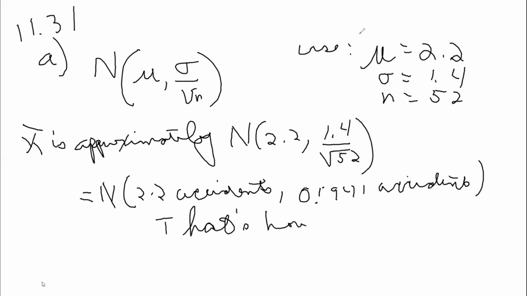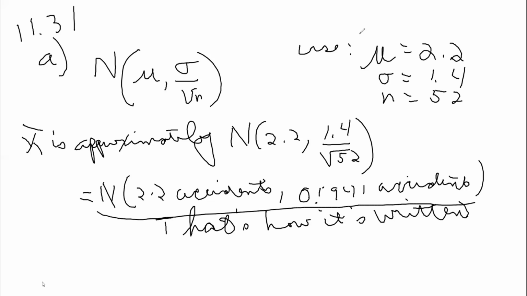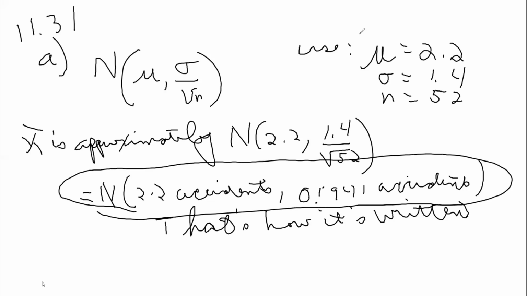That's what they're asking for part A. Basically, the question was, what is the approximate distribution of X bar according to the central limit theorem? This is it, right here: the distribution of 2.2 accidents and 0.1941 accidents.